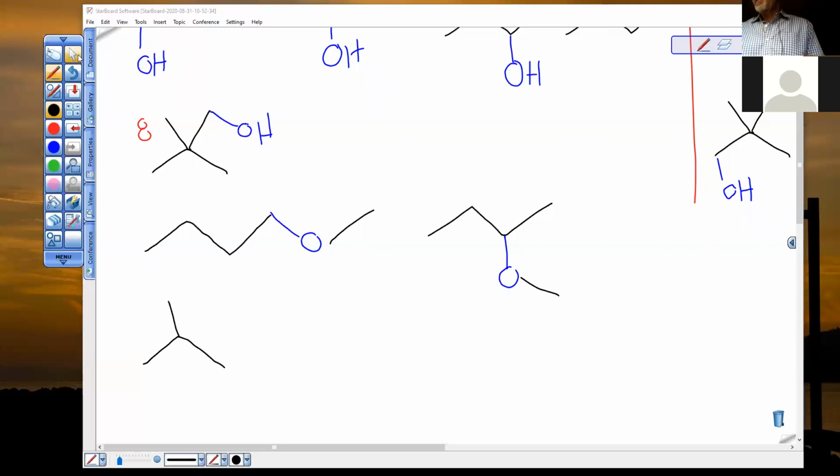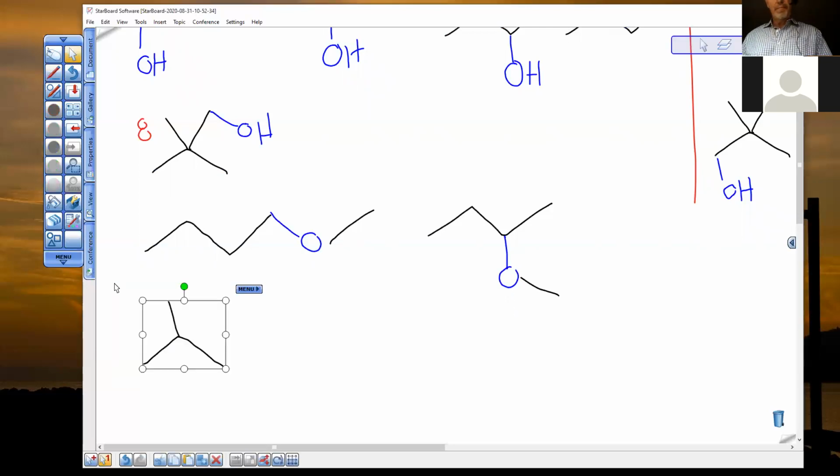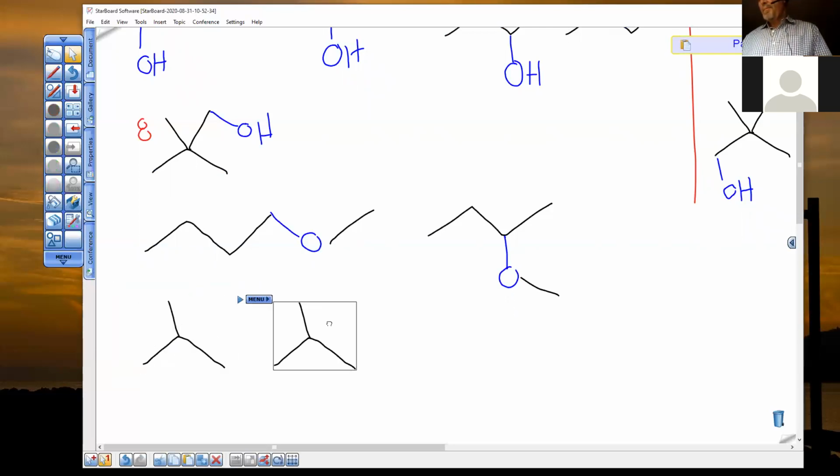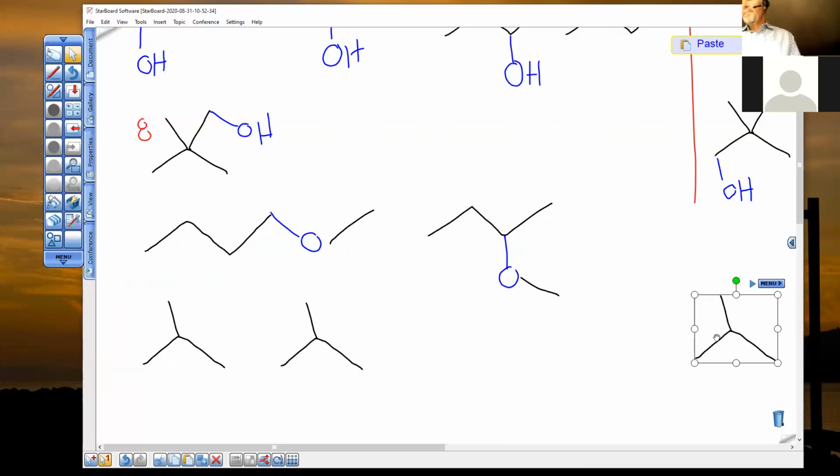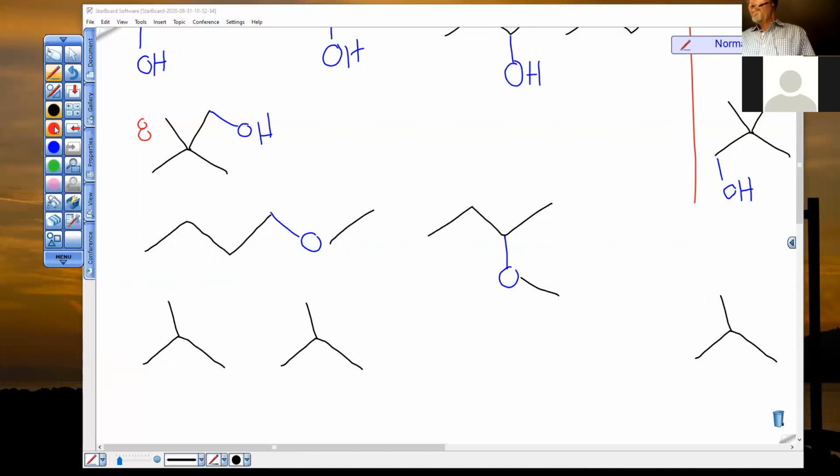I think just 2. You can do OCH2, CH3 like this, off the middle one. Or off the end one.